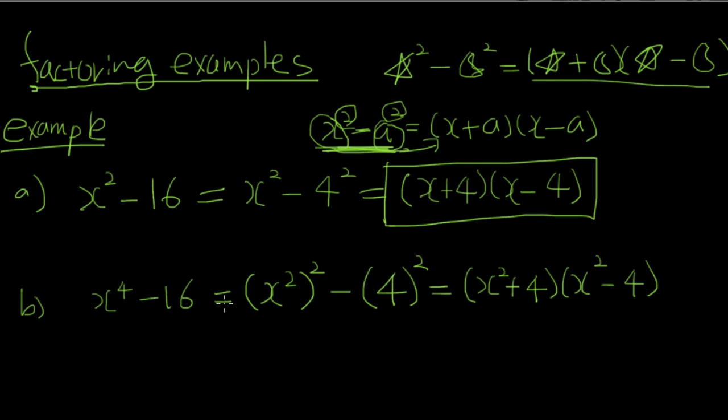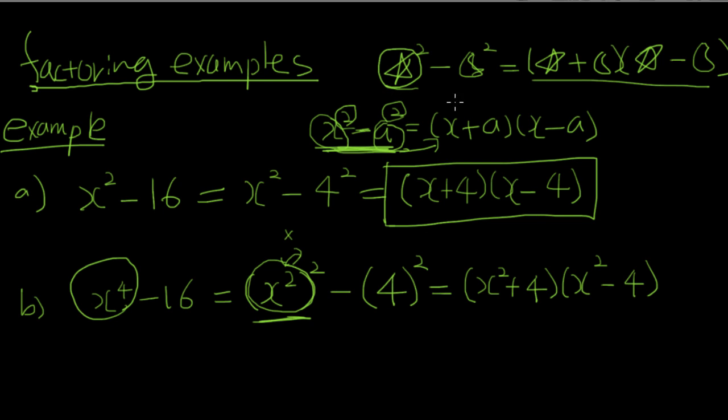In our example here, this x to the 4 can be rewritten in this format, because we have exponent over exponent. What do we do with these two? We multiply, right? So 2 times 2, which is 4. So this x squared works as our star here.